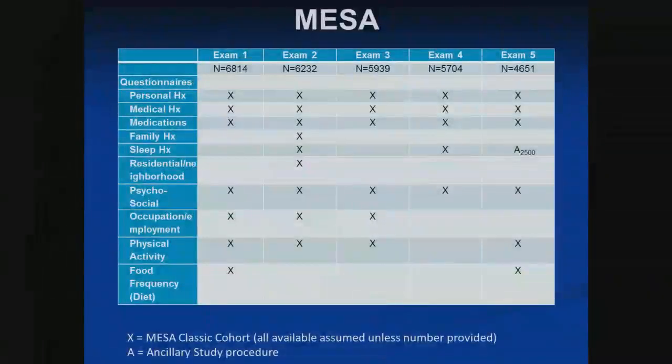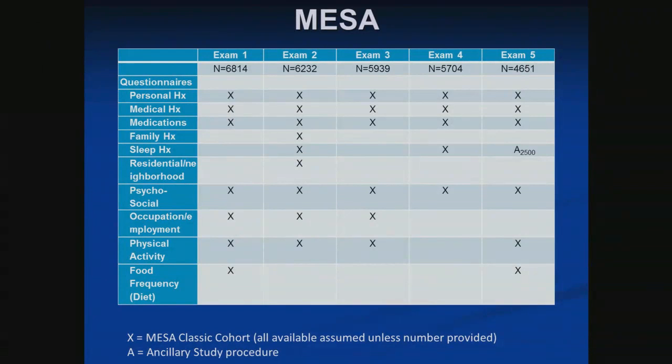So just to show you some of the different measures, you could see here there's personal history, there's all sorts of medical history and medications. And then the A there indicates an ancillary study. That's when a group of researchers said, we want to take a subset from MESA and analyze some sleep measures, right? You see the little 2,500.